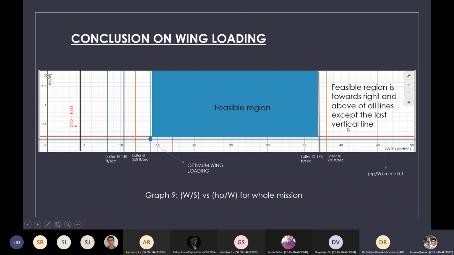Whatever is to the right of the vertical lines is feasible, left of the final line is feasible, and above the least line of HP by W is feasible. So my HP by W minimum comes out to be 0.1, and for this feasible region, I have got an optimum wing loading around 14 pounds per feet square.